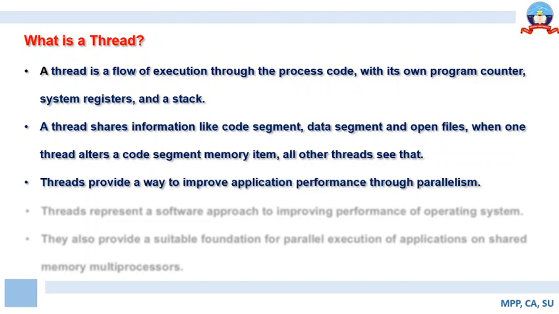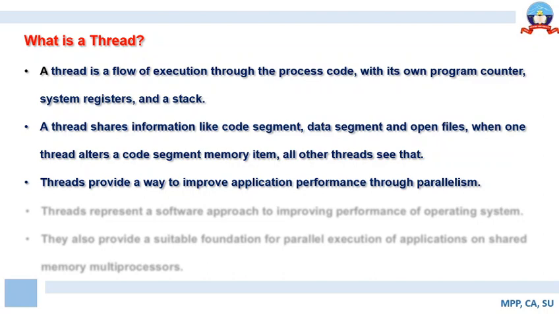Threads provide a way of improving an application's overall performance through parallelism. For example, associated with the process there might be multiple tasks, like A, B, C. If threads are not implemented, then A, B, and C have to be executed at different points in time.